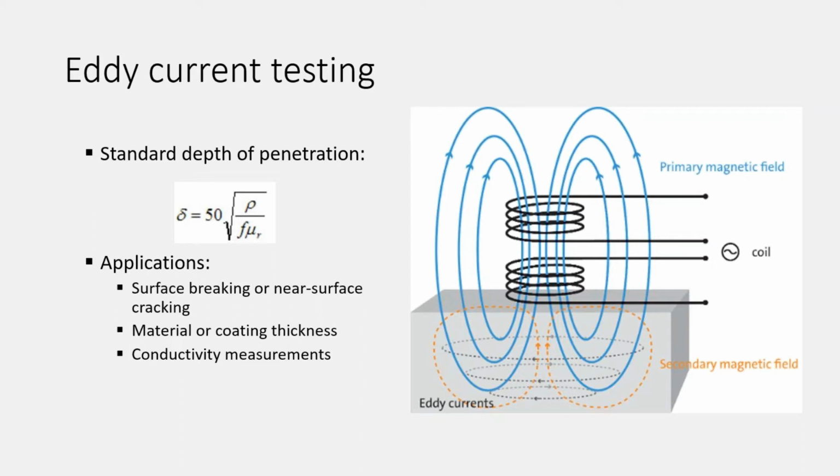It is mostly used in cases that do not require great depth of measurement, such as surface inspection, thickness inspection, conductivity measurement. However, the depth at which you are performing the measurement can be adjusted by changing the frequency of the excitation current.